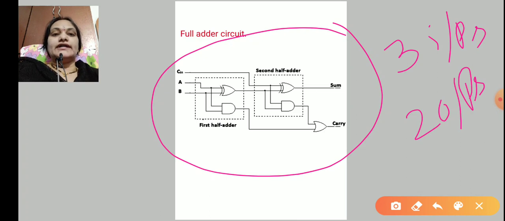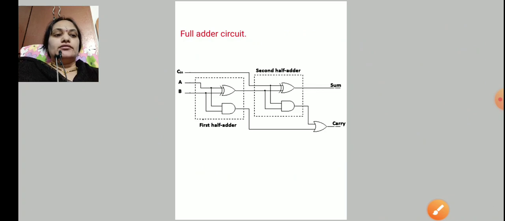A half adder has 2 inputs and 2 outputs, called sum and carry. But a full adder has 3 inputs and 2 outputs, called sum and carry. And this full adder contains 2 half adders.